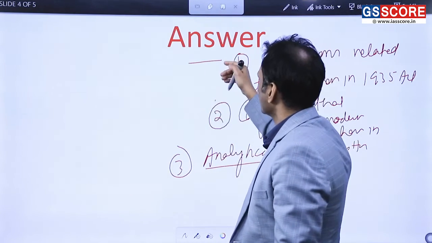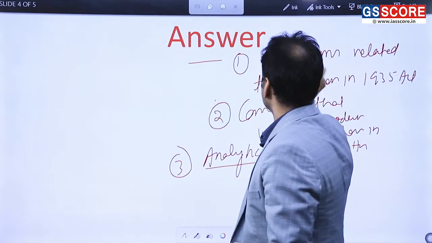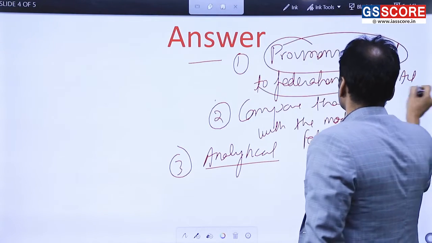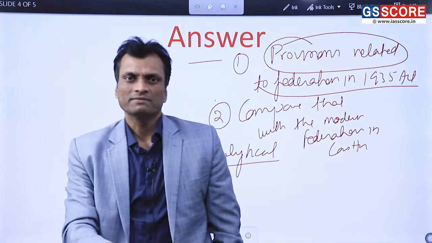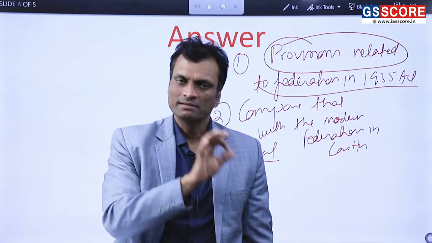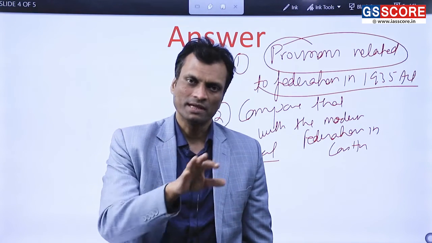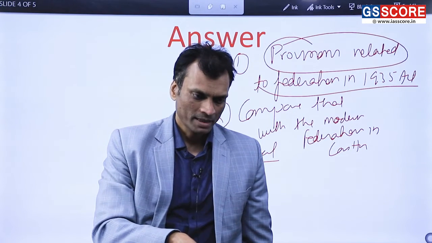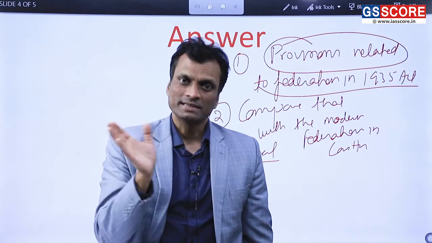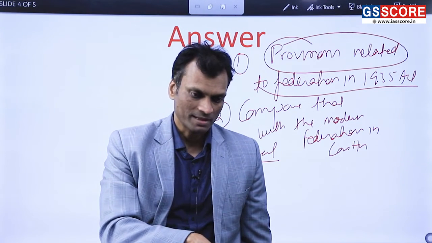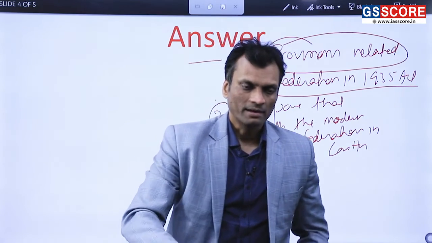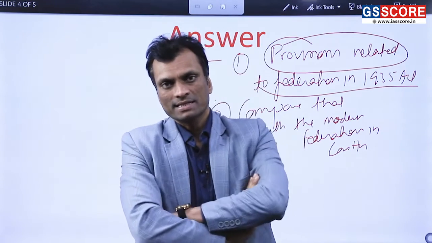Now, if we once again go to the first part, we know very well that the 1935 Act has 3 lists, 1, 2, 3. Still we have 3 lists. It created division of power between center and state. That's the basic definition of federalism. Diarchy was created at the center.